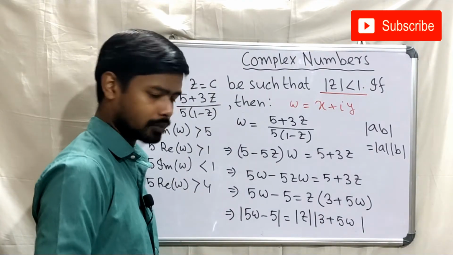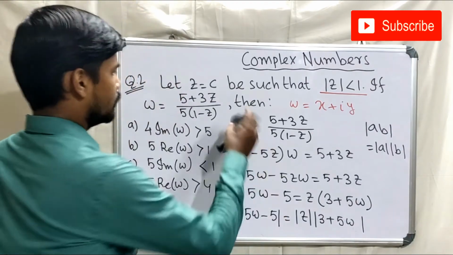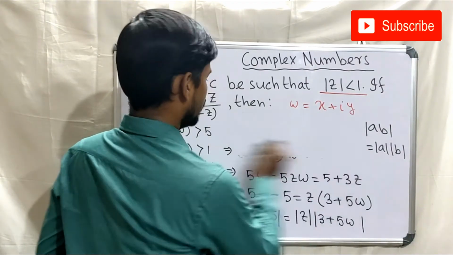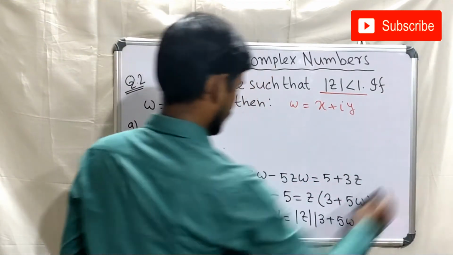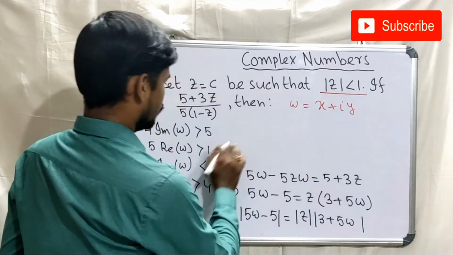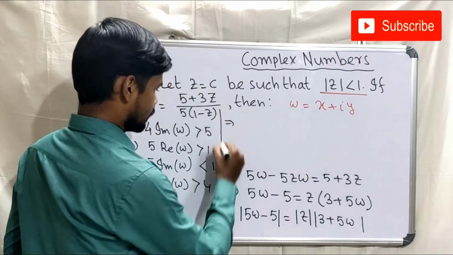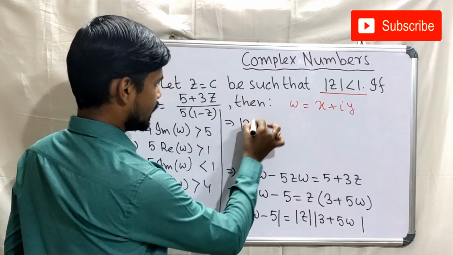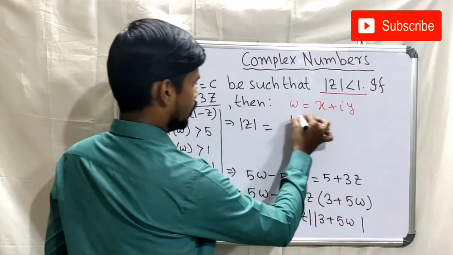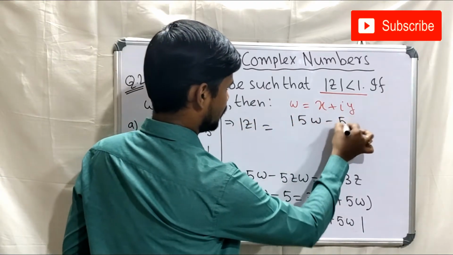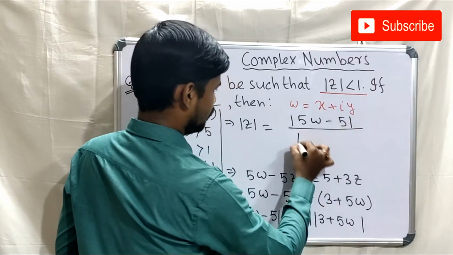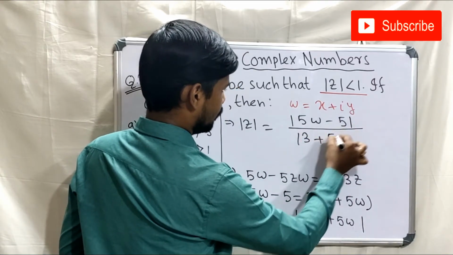Okay. Now rewrite this line as mod z equals modulus of (5 omega minus 5) divided by modulus of (3 plus 5 omega).